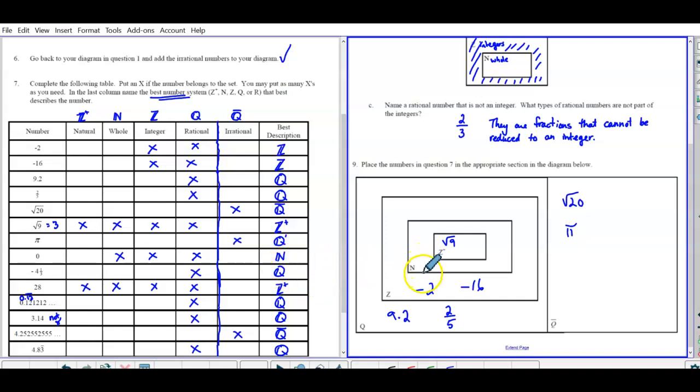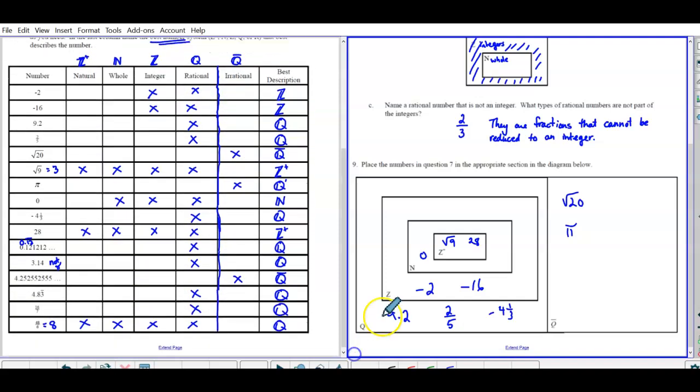0 is a whole number. -4/3. 28. And 0.12. So 0.12 repeating, and we'll put that over here, and I'll just use the repeating symbol. 3.14 is rational.